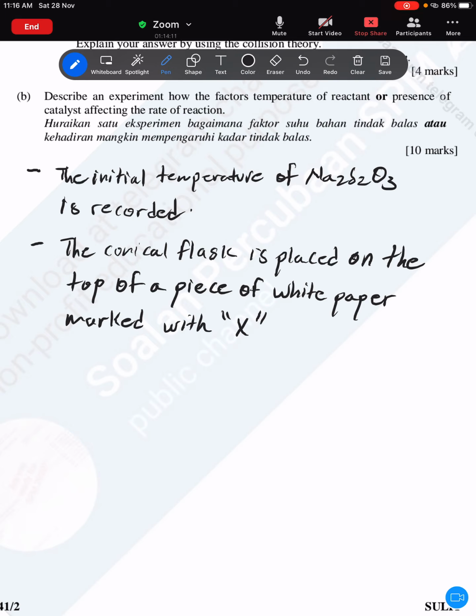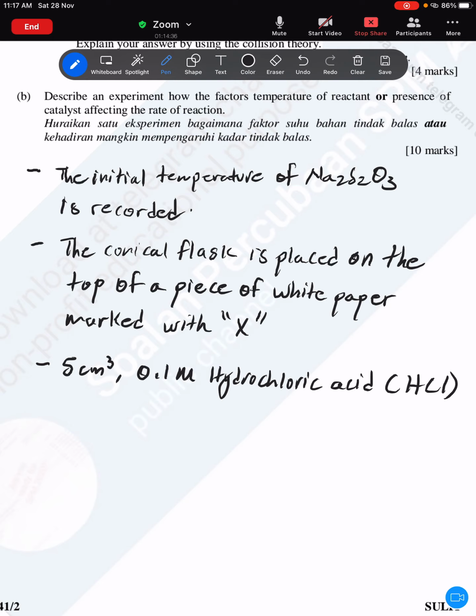Then you have hydrochloric acid. This is already in the flask. Now you're going to talk about hydrochloric acid. I will say take 5 cm cubic, 0.1 molar hydrochloric acid. For the first time, you spell it out, but put HCl in brackets because you can use it in the next steps. Is measured.